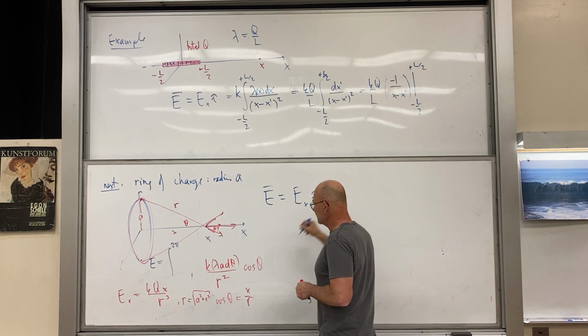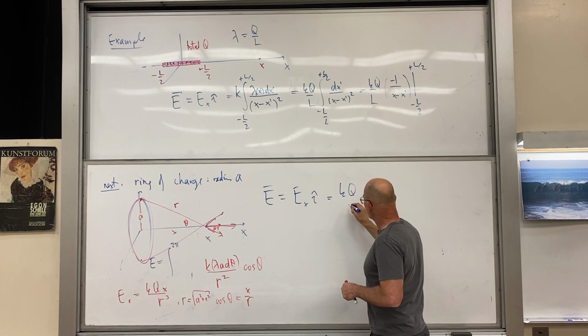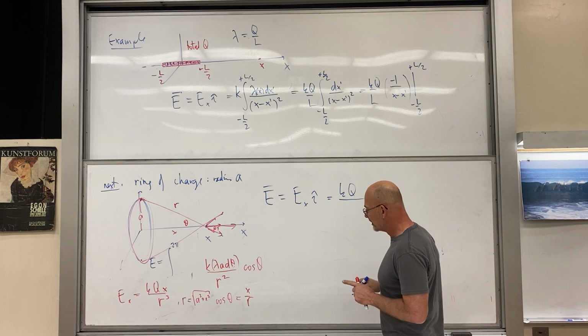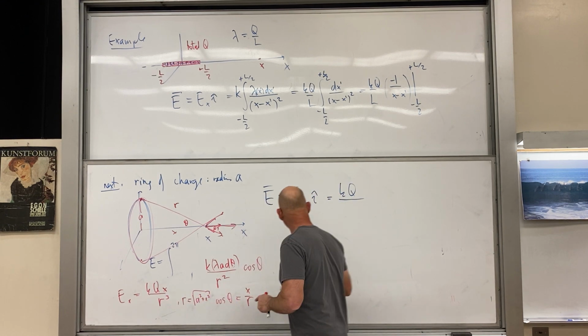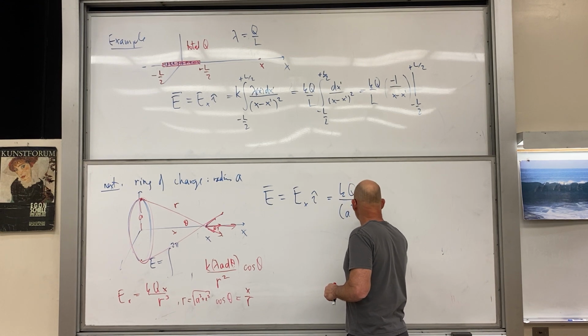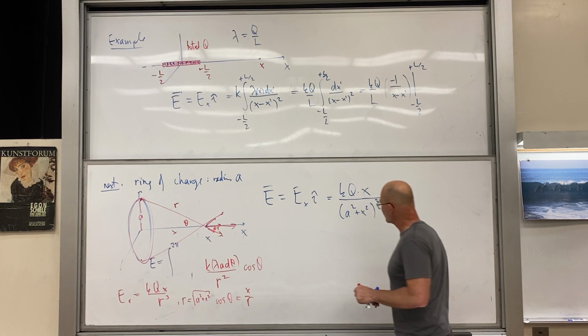We have, like I said, trivial integration gave us k times total charge. The r cubed right here is a squared plus x squared to the 3/2 power, and we have x right there.